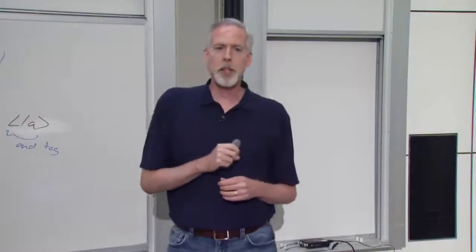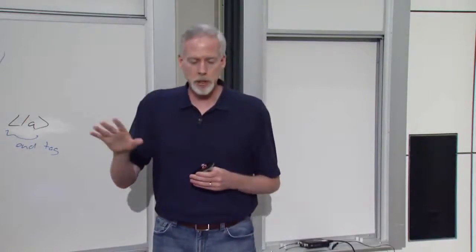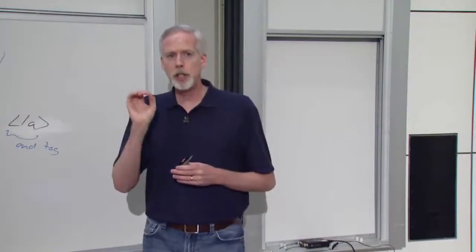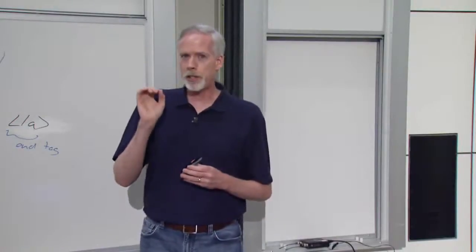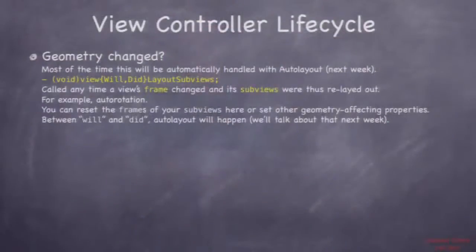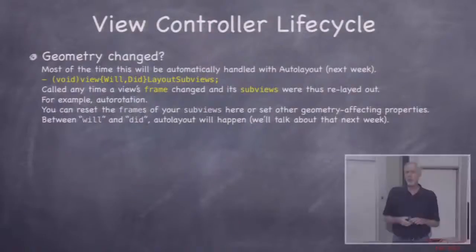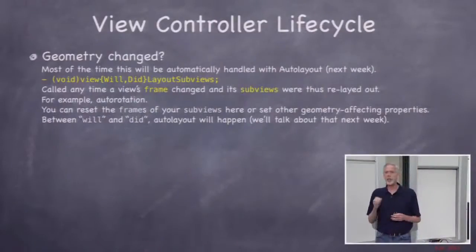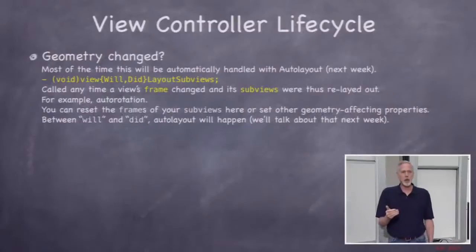Okay, now let's talk about geometry. I put this off to this slide. In iOS 6, they introduced these really cool two methods, viewWillLayoutSubviews and viewDidLayoutSubviews. This is where to put geometry-related code. viewWillLayoutSubviews is called just before iOS tries to lay out your subviews, tries to lay out your view.